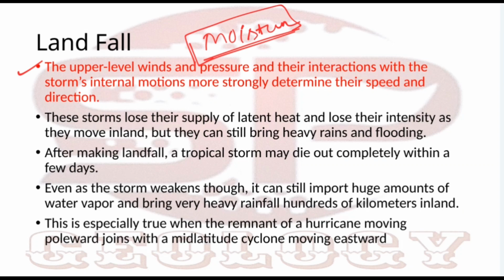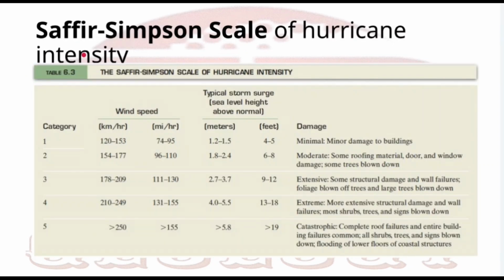For tropical cyclones, there is a scale called the Saffir-Simpson scale, which categorizes the cyclone on the basis of its intensity. Category 1 wind speed is 122 to 153, category 2 is 154 to 177, category 3 is 178 to 209, category 4 is 210 to 249, and category 5 is greater than 250.